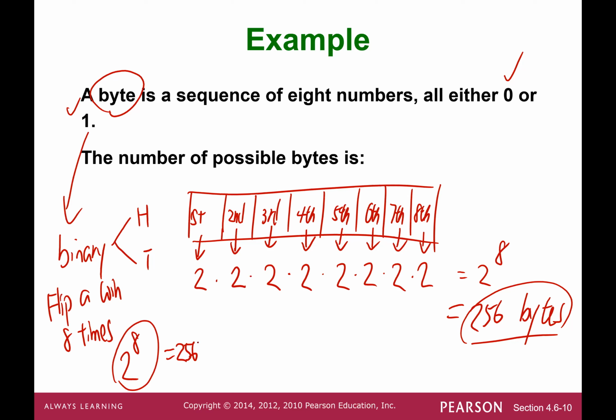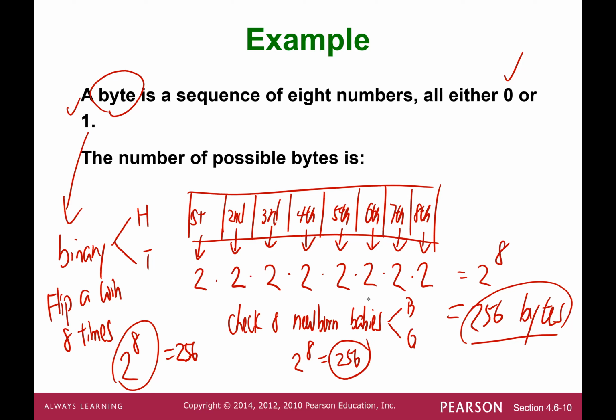All right. Let's say you check 8 newborn babies. Same thing: the gender of the baby is binary, right? Either a boy or girl. Since this is a binary outcome, we're going to get 2 to the 8th power, meaning we're going to have 256 outcomes.